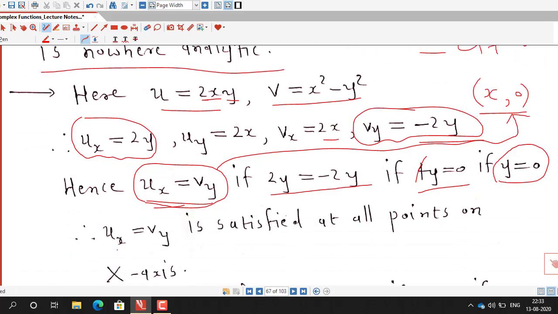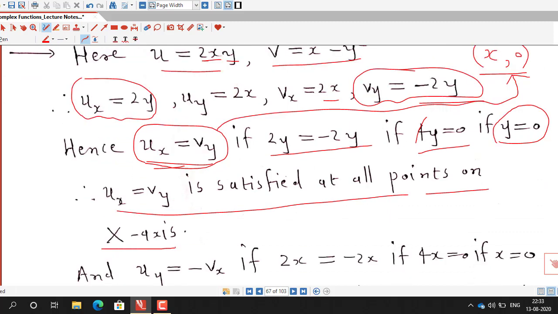So first equation is satisfied at all points on x axis. Okay, we can visualize in this way also. Suppose I consider this xy plane, then first equation is satisfied at every point on the x axis. u x equal to v y is satisfied on x axis.